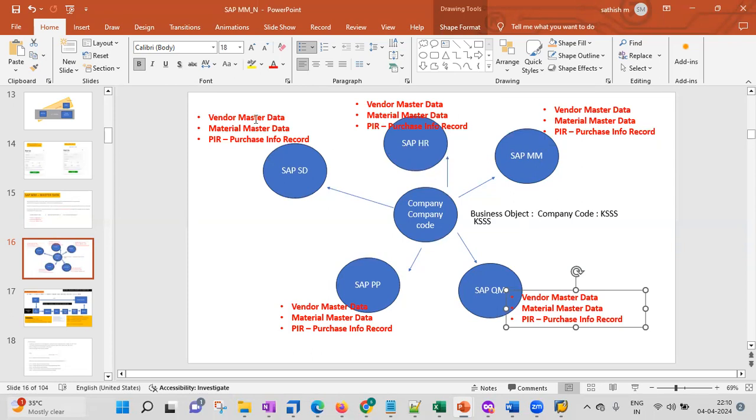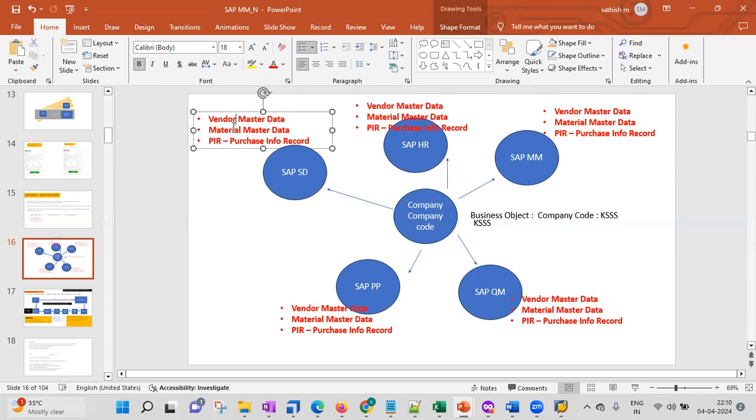For example, instead of vendor, you will be having customer, customer master data. Material is okay. Here you will be having CIR, meaning instead of purchase info record, you will be having customer info record.